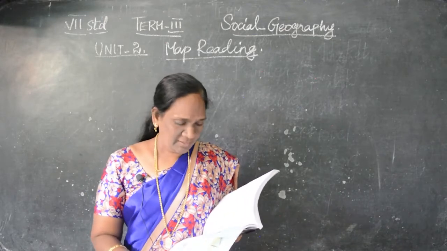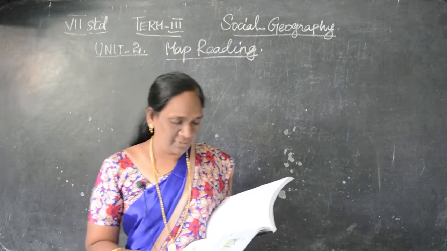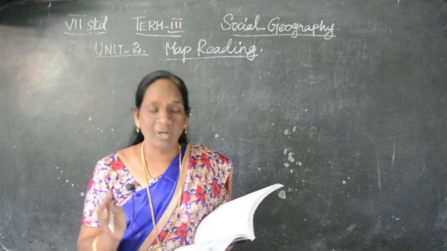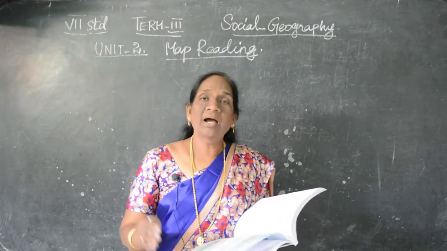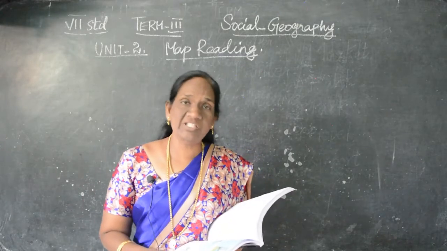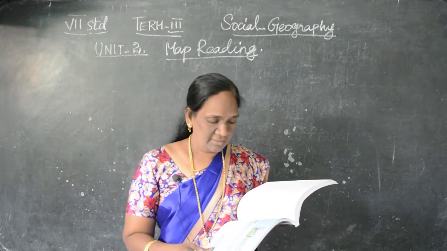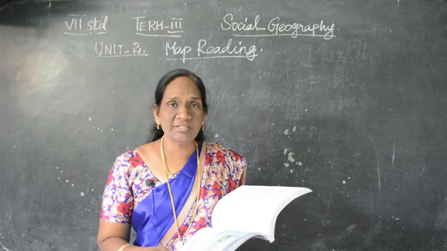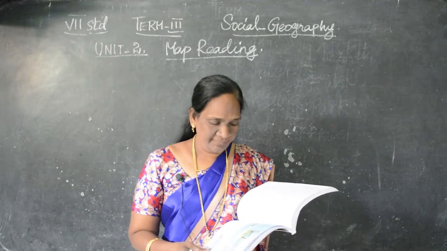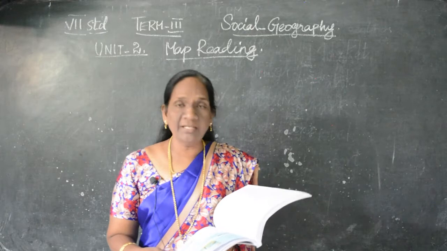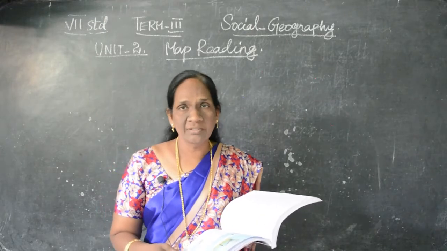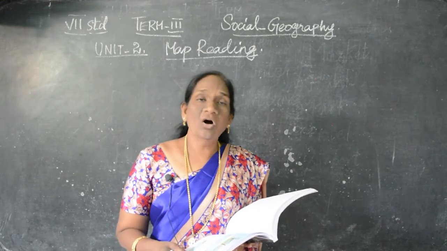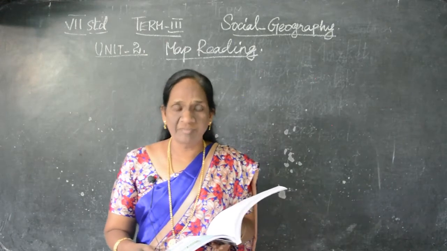Okay children, reading of a map will be very clear to understand the geographical boundaries of a country and physiographic features like mountains, plateaus and plains, water features like rivers, oceans, seas, understand, and cultural features like roads, settlement, etc. So, we can understand easily all these factors because of maps.